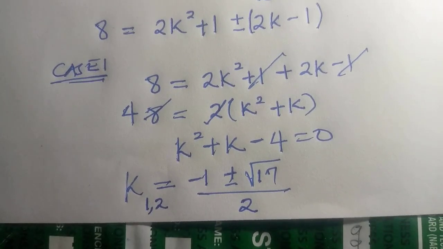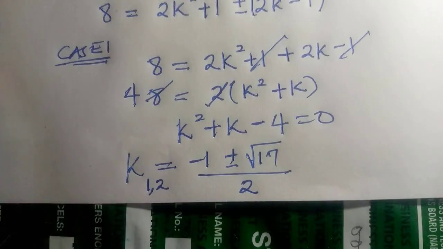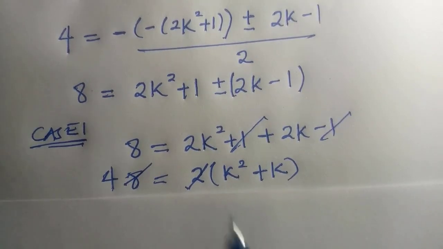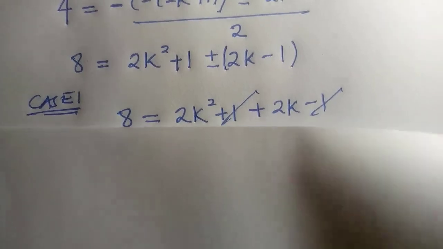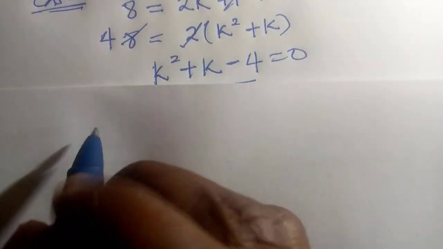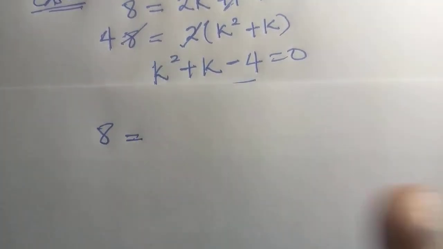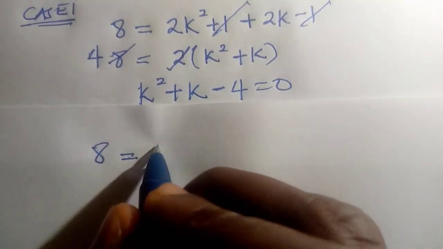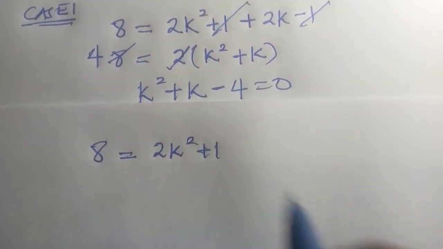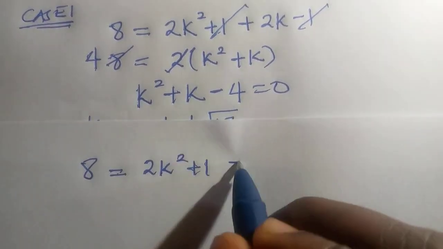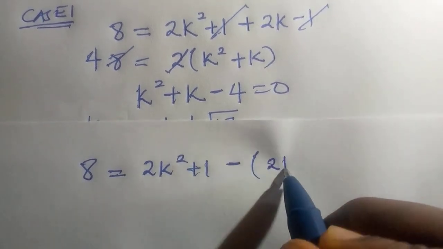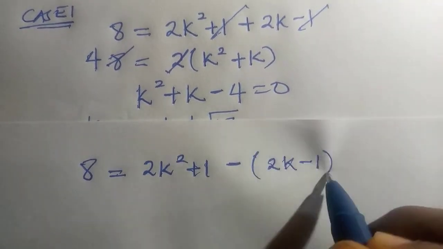While for the second part of this, which is when we consider the negative, from here we are going to have 8 equals 2k^2 + 1 minus open bracket 2k minus 1.